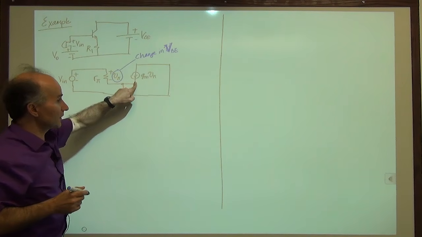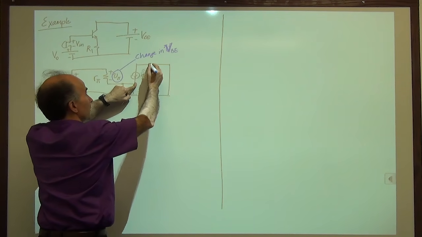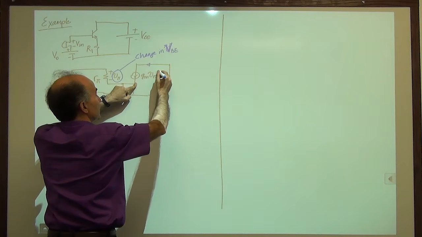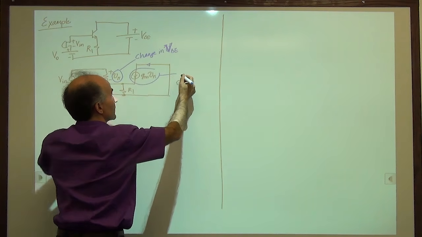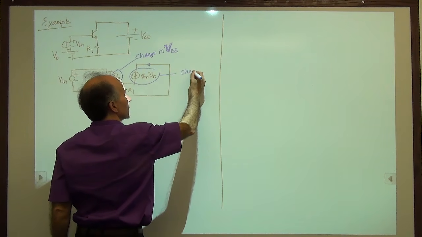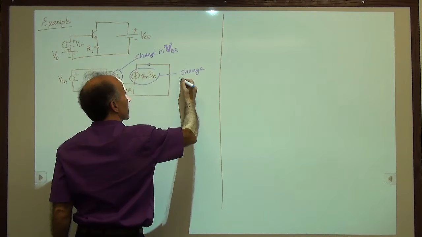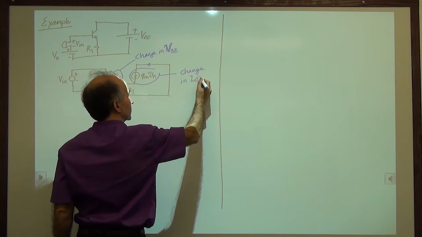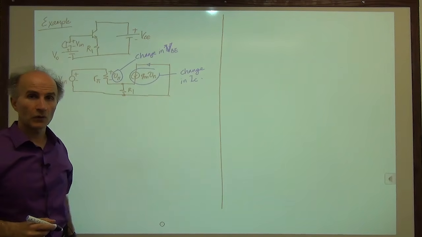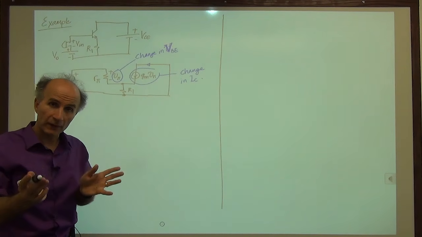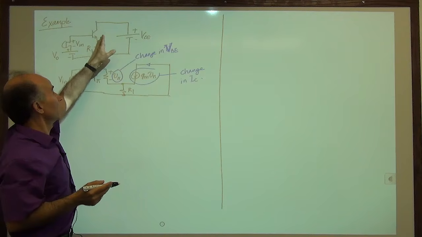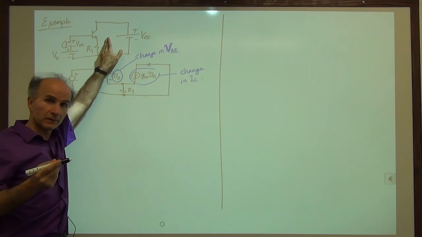Similarly, this current source, which represents the collector current, represents the change in IC, the collector current. So IC, without a signal, is equal to some amount, which we call IC0.